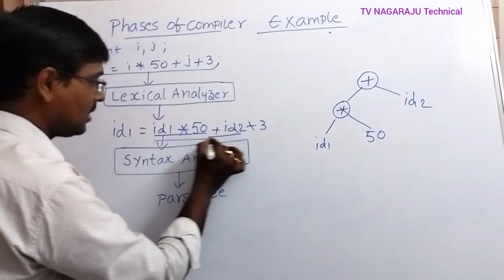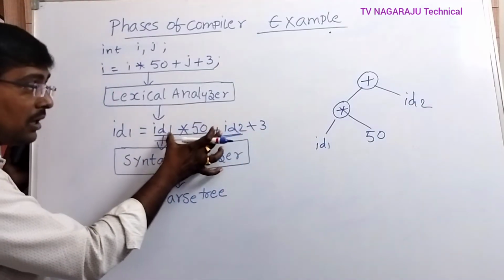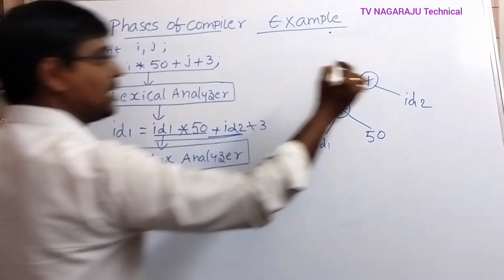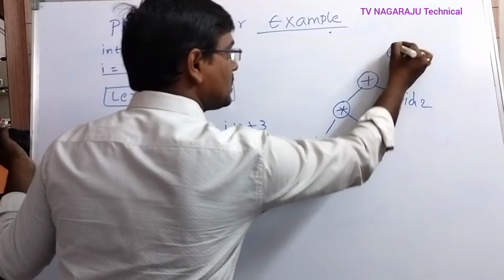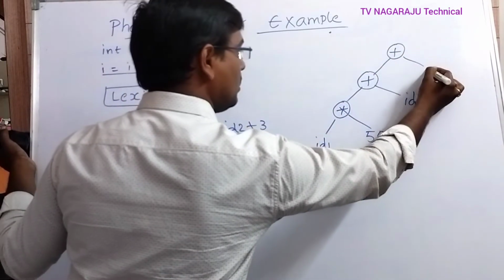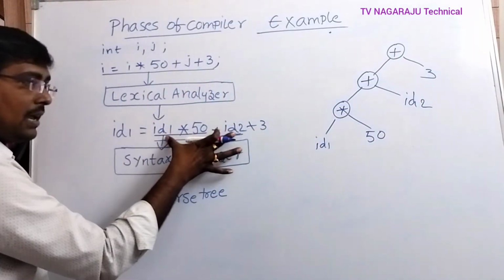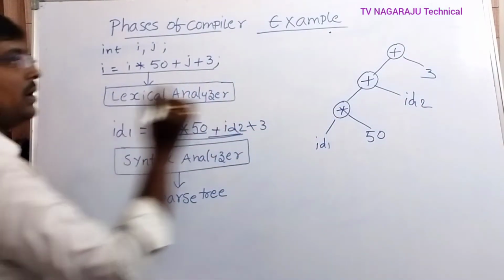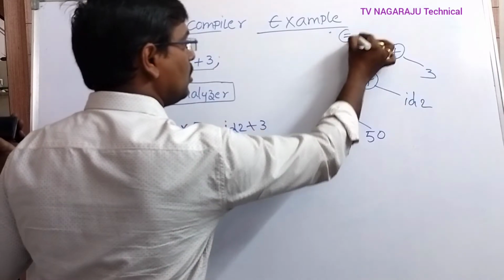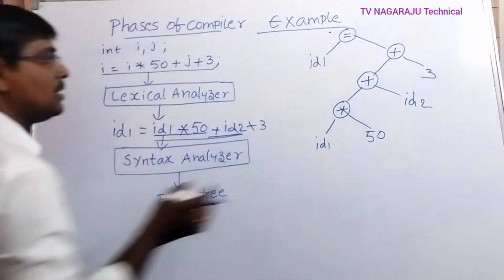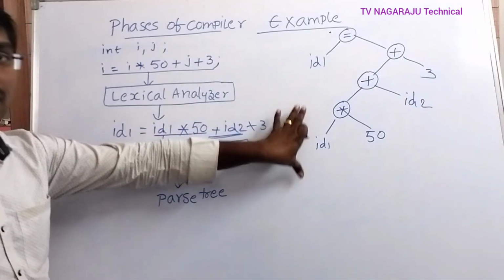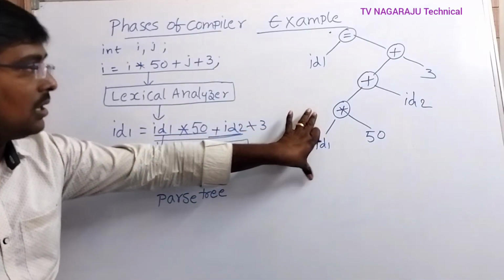Now this entire thing is completed. Now for this expression 3 is added, so up to now this is this part. For this one, plus left side is this one, 3 is added. Now the entire expression is assigned to id1 by the equal to operator. So this is the parse tree.